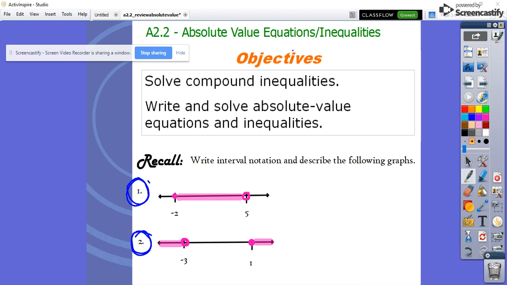Okay, take about 10 seconds and wrap up your discussions and make sure you have an answer for what's shaded.